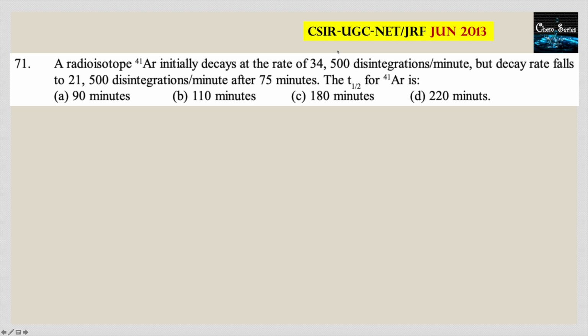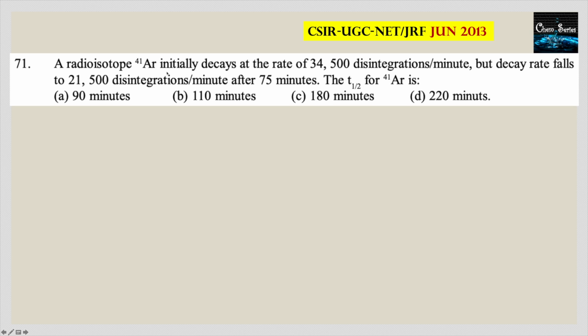Coming to the next question, June 2013: the radioisotope argon initially has 34,500 disintegrations per minute, but the decay rate falls to 21,500 disintegrations per minute after 75 minutes. The T half for argon is dash. So they are asking us to find the half-life of argon.